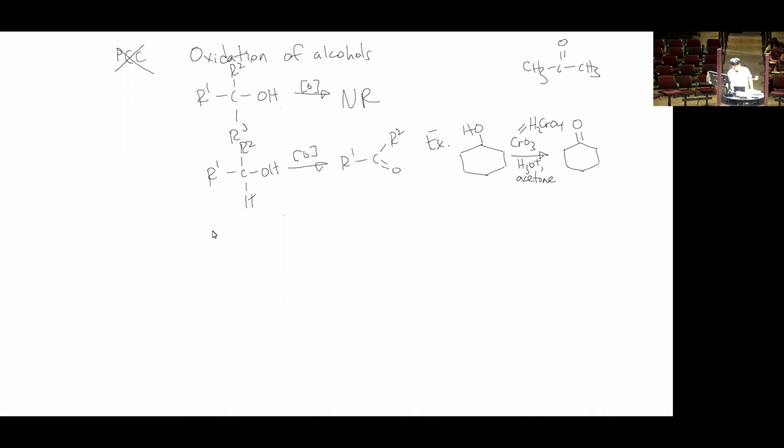What about primary alcohols? They can be oxidized too. And under these conditions, you will get at first the aldehyde, which will then react further to give you the corresponding carboxylic acid. And so as an example of this type of reaction, let's take benzyl alcohol again.